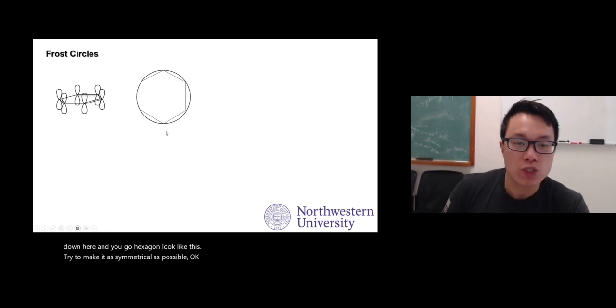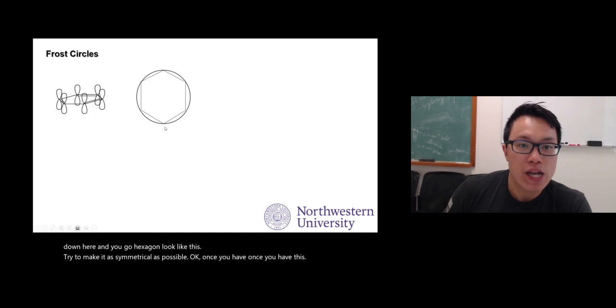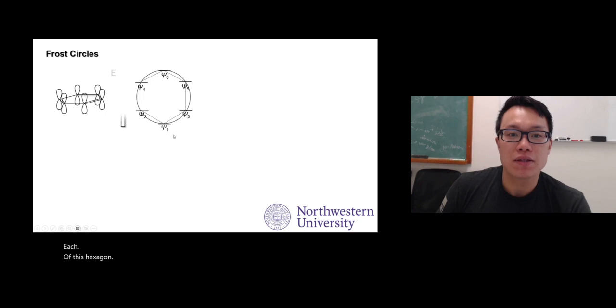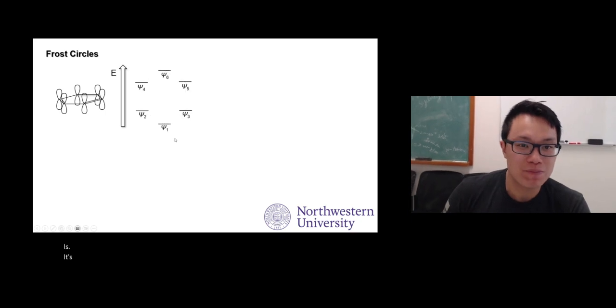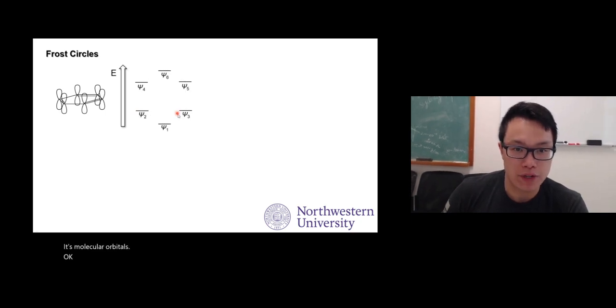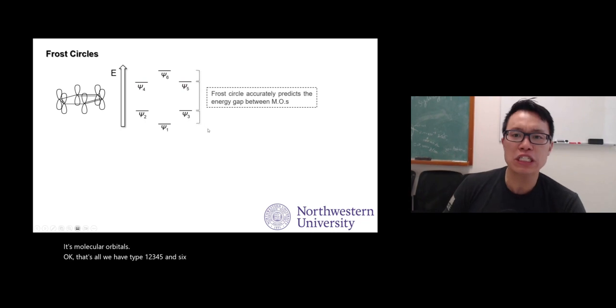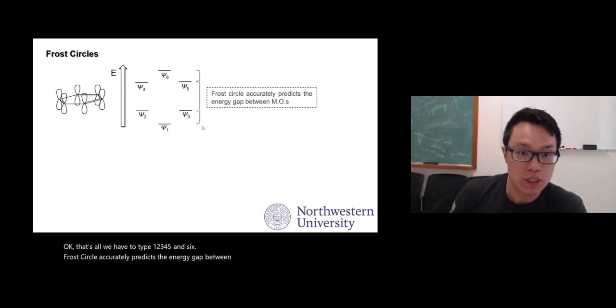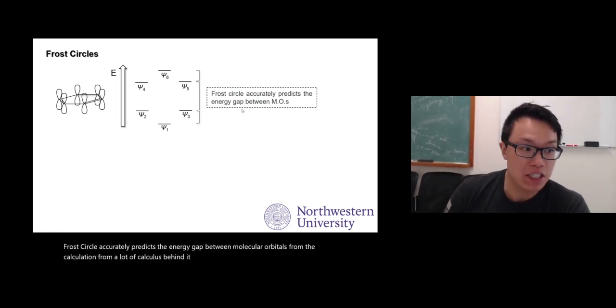Once you have this, each edge of this hexagon is a molecular orbital. So we have 1, 2, 3, 4, 5, and 6. Frost circle accurately predicts the energy gap between molecular orbitals from the calculation, from a lot of calculus behind it. Really, really easy and simple.